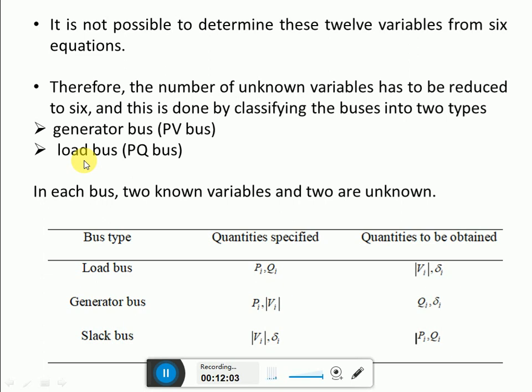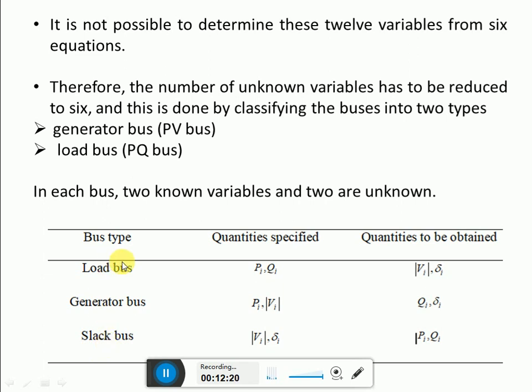Now while going to the classification of the buses, we can see there are 3 types of buses. There is another bus which is called the slack bus. Let me explain one by one.